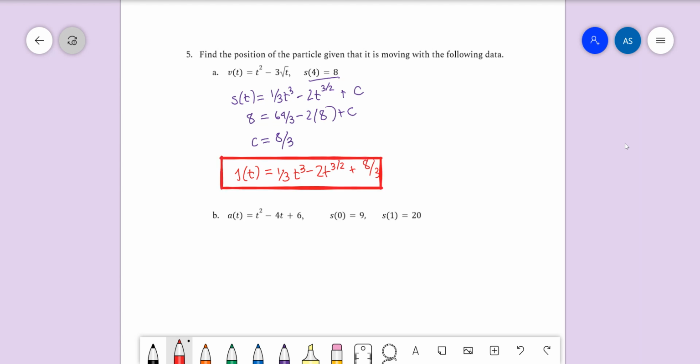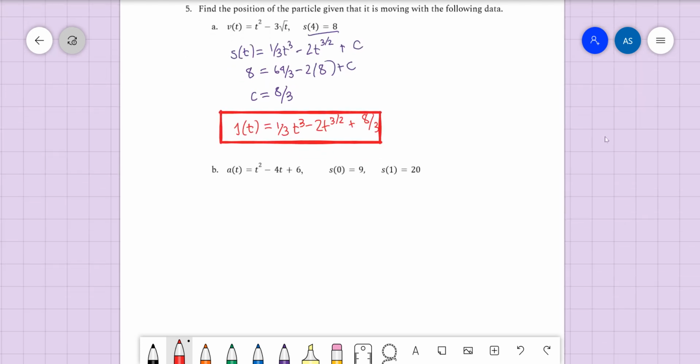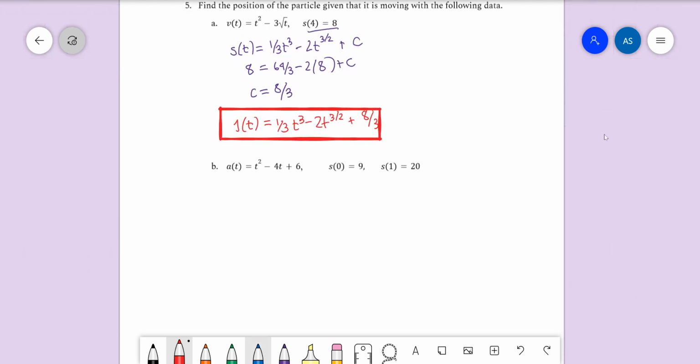Alrighty, then moving on to part B, we have the same exact type of problem. The only difference is that we're starting with our acceleration instead. So we're going to antidifferentiate twice. The antiderivative of acceleration is velocity. So antidifferentiating this, we have 1/3 t to the third minus 2t squared plus 6t plus c.